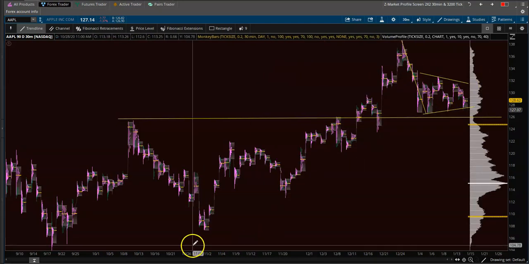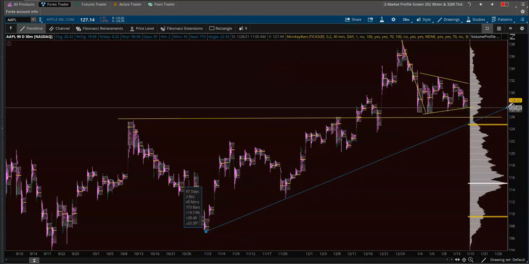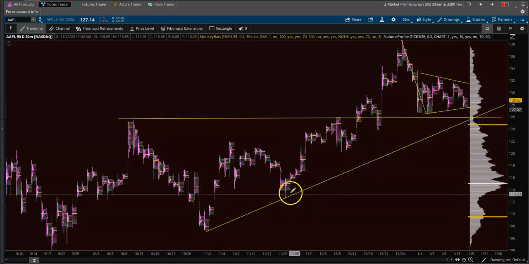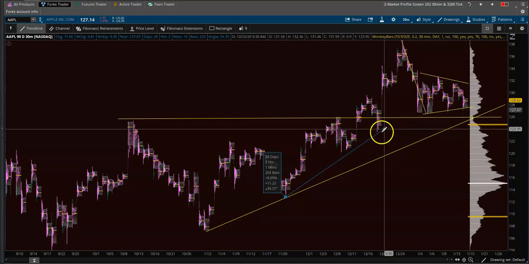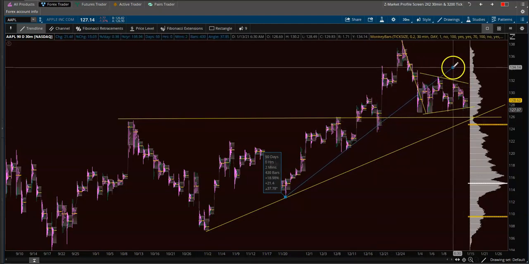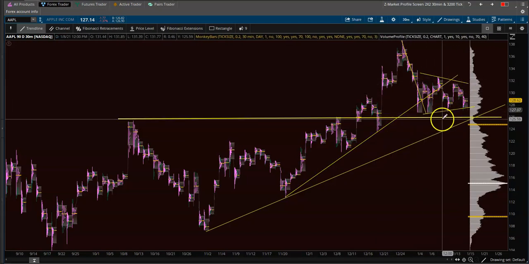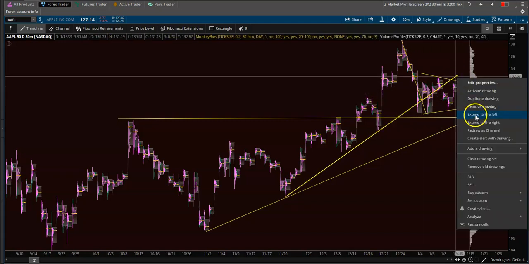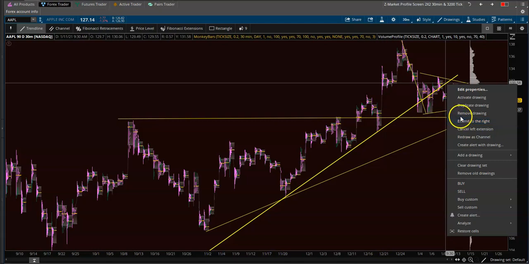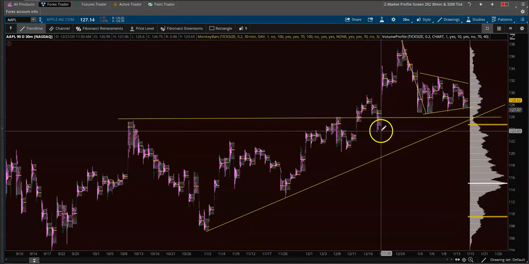On the bigger picture, if we draw just a trend line, we have a trend line here, just connecting, but then we could also connect these levels right here. As you can see, we got a little choppy, up, down, but now we're starting to form that P shape. So this trend line is really no longer relevant with the pattern.